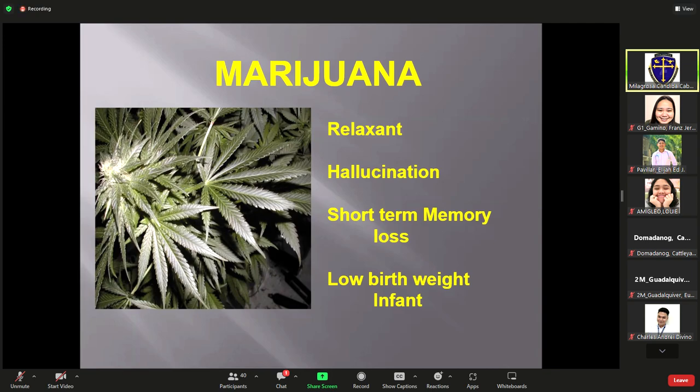Nag-increase ang appetite niya. Short-term memory loss, nasa cloud 9 ka, kaya sobraan kang marijuana, no? Ayan. So, bawal din po ito. It is one form of a teratogen that is when you abuse this one. Lahat naman talaga ng sobra, guys, has an ill effect, right?